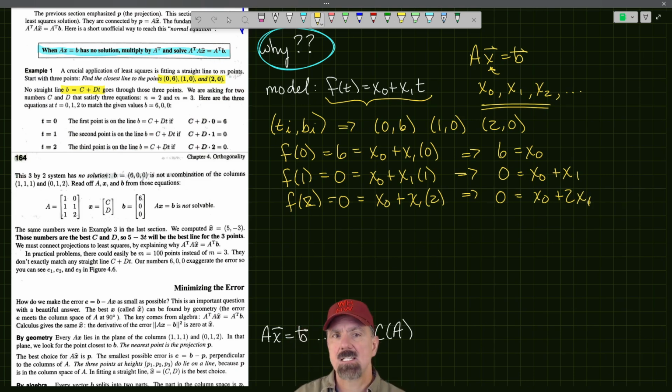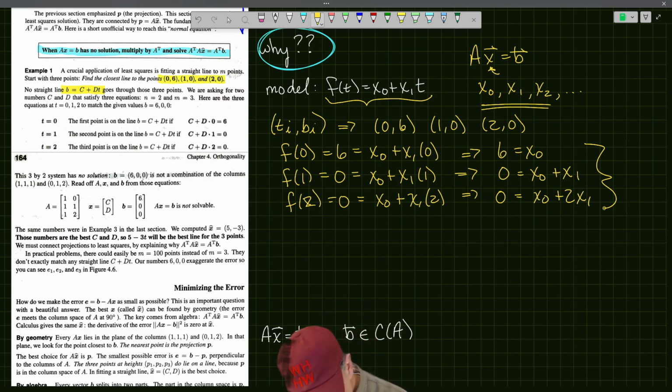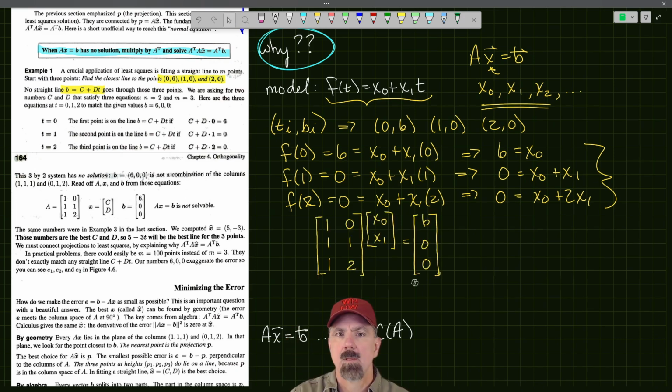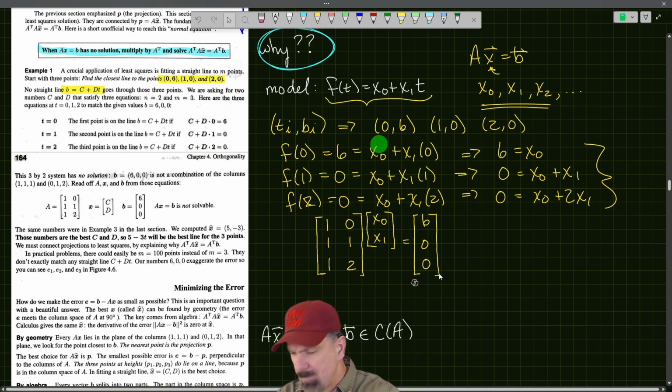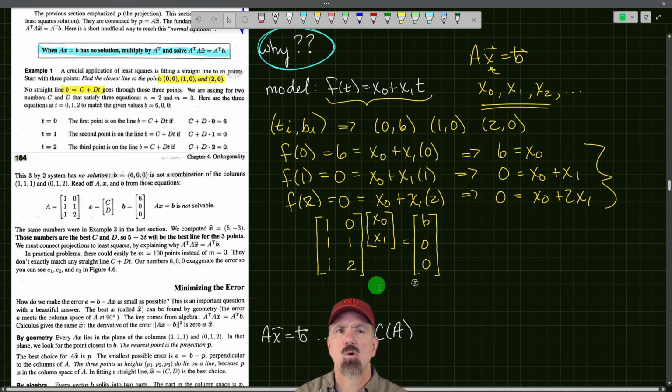It's very easy to see how we can write this system of equations, which is what we have now. We're going to write this in matrix vector form. So let me do that. All right, so what we have here are the equations here. And this is called the coefficient matrix. This is our A. This is A times the x vector is equal to b.